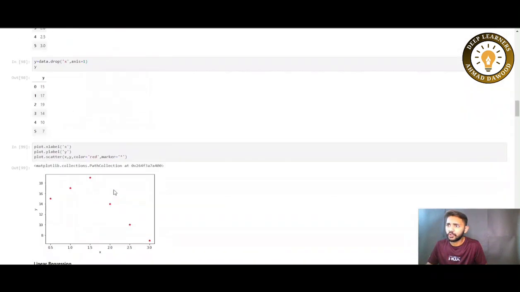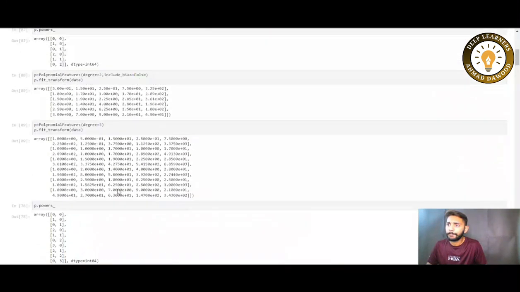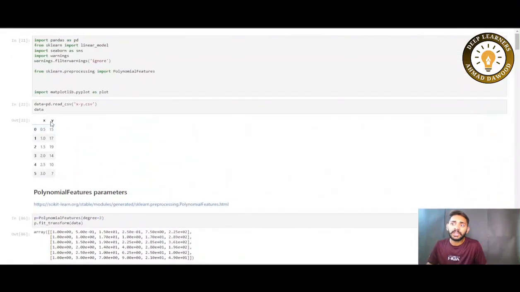Now keep in mind that the data set we are using here is a very small data set. Just six data points, and we are training our models on these six data points, and getting predictions from the same data points that we used during training.